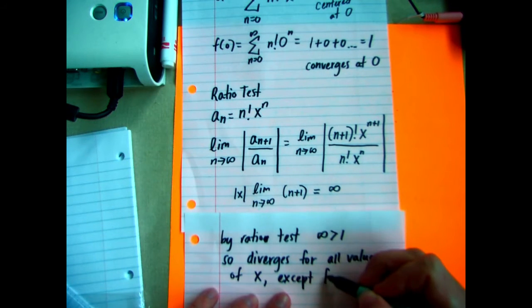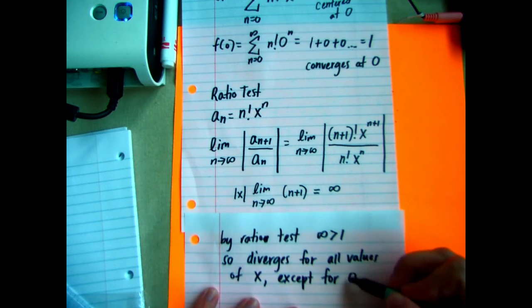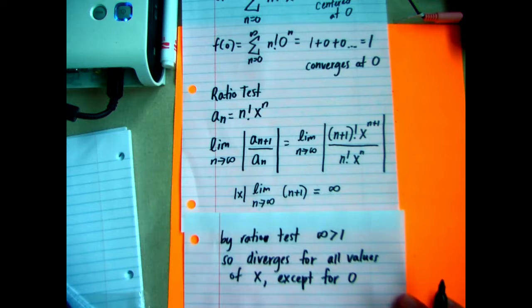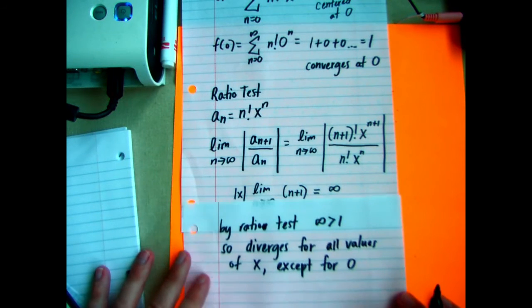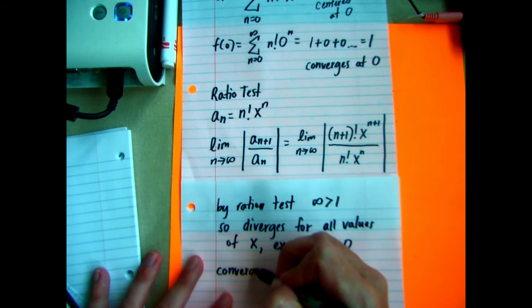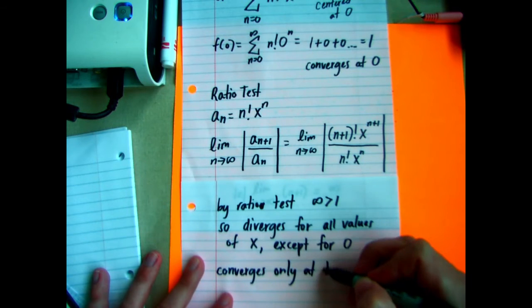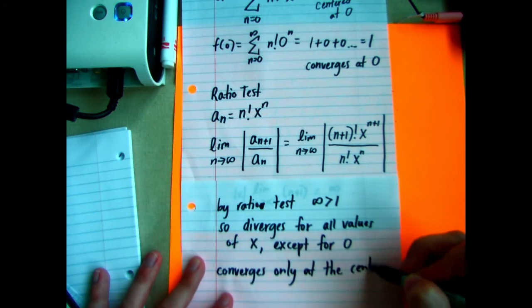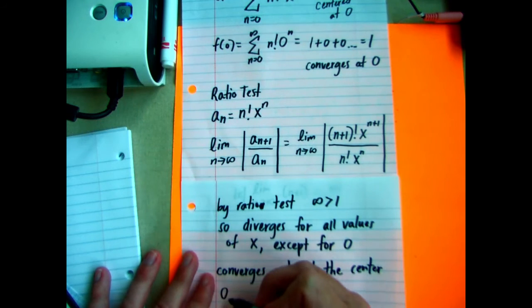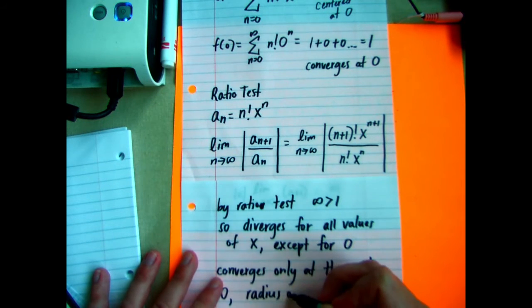So that's an example of the first possible result that I showed you a moment ago, that the series only converges at C, which in this case is 0. So the only value of x for which this power series converges is 0, which would mean that the radius of convergence would also be 0.